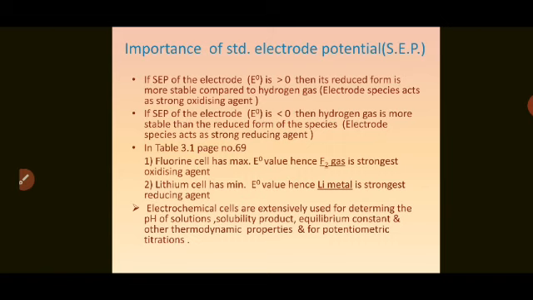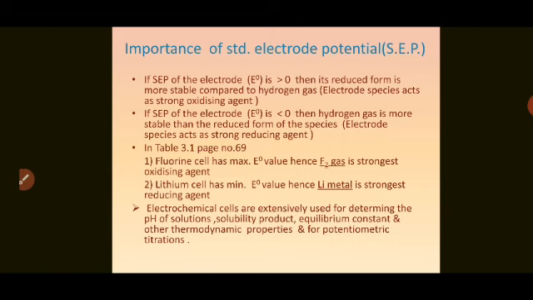So if the SRP of the electrode, that is E naught, is greater than 0, that is plus, then its reduced form is more stable compared to hydrogen gas. That is, the electrode species acts as a strong oxidizing agent. Now what is an oxidizing agent and a reducing agent?